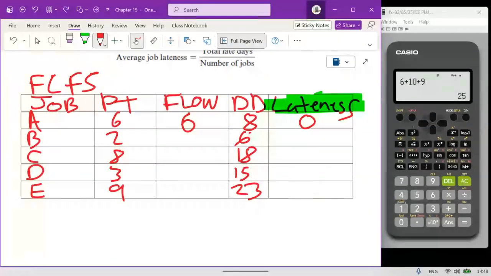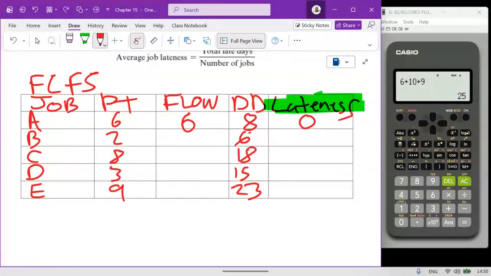We don't consider any negatives. Any negative becomes a 0. Why? Because you're not late. You're super early. We don't have early here. We're considering late, because when you want to optimize, lateness affects your customer satisfaction. If you're always late, customers won't be happy. Me as a client, I'm not happy if you deliver late.